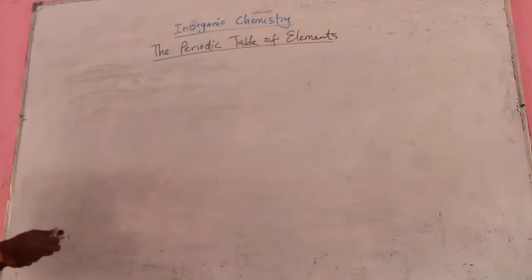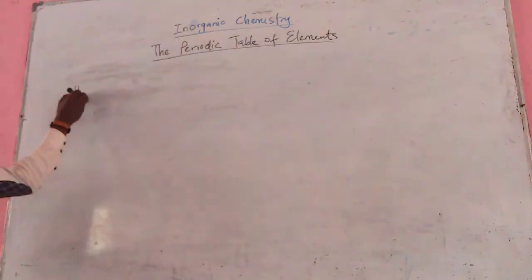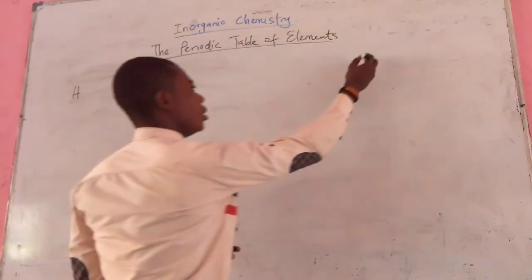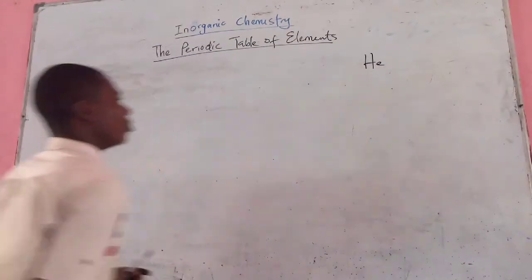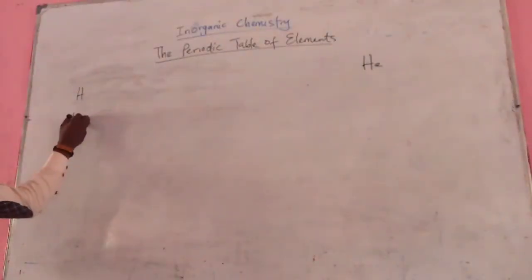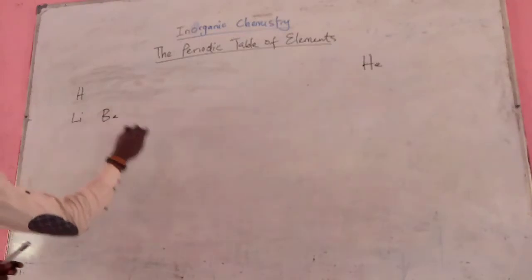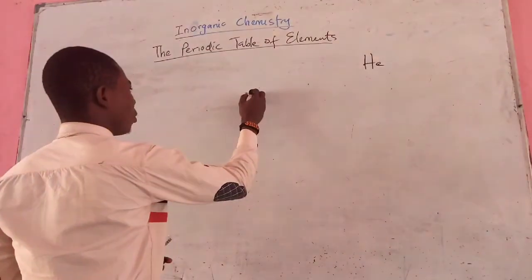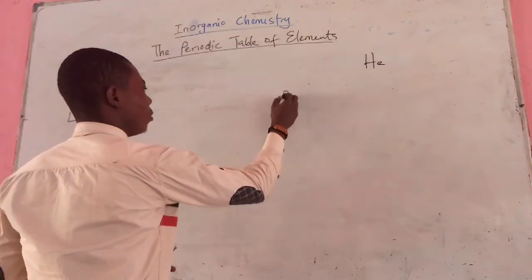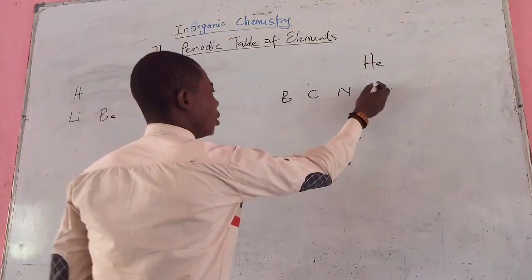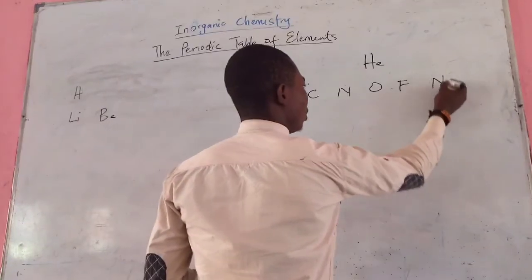Now this is the periodic table. We have hydrogen here. Hydrogen, helium, lithium, beryllium, boron, carbon, nitrogen, oxygen, fluorine, neon.